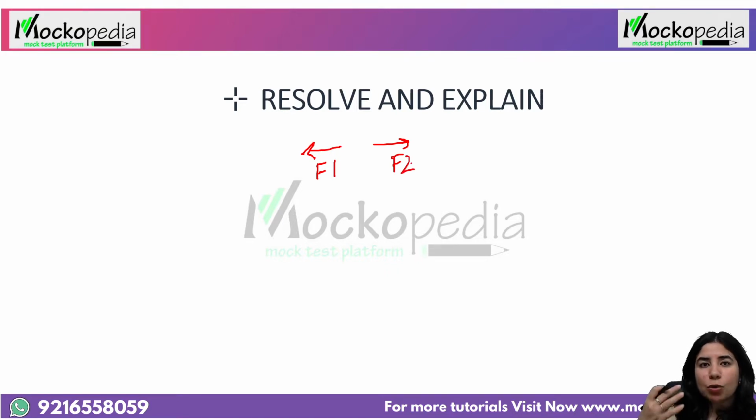Quite often I have raised this point that whatever facts are offered in the argument are to be considered true. So in this case, the argument will comprise two facts. They both are correct, but they disagree with each other. So for sure, you'll find a negative transition word in between both the facts. This is one important clue to identify that the argument is for resolve and explain questions.